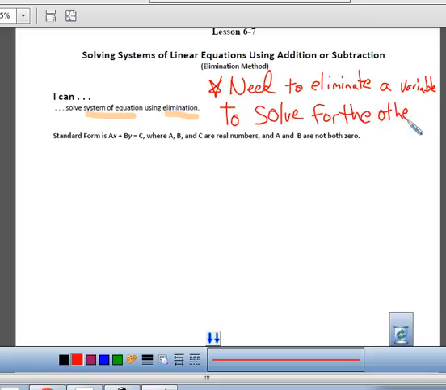That's the big idea with this lesson. We have two variables. We can't solve an equation the way that we have learned when we have more than one, so we've got to eliminate one.